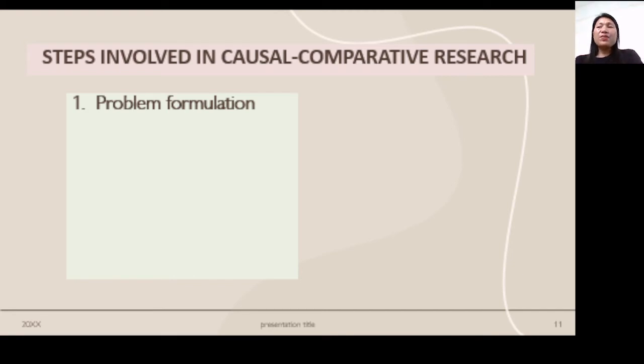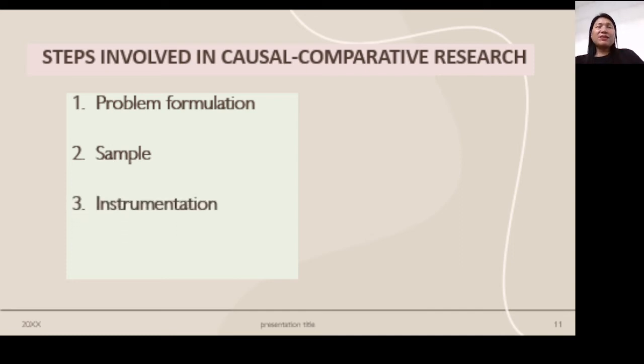Once the researcher has formulated the problem statement, the next step is to select the sample of individuals to be studied. The researcher has to define carefully the characteristic to be studied and then select groups that differ in these characteristics.